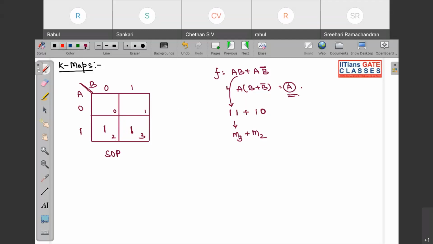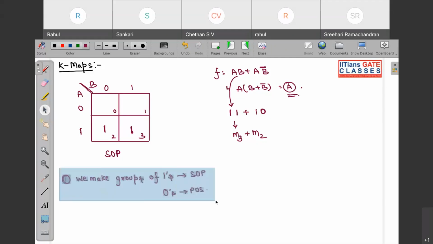Now in K-map, a few points I'm going to write. First, we make groups of ones for SOP and groups of zeros for POS.